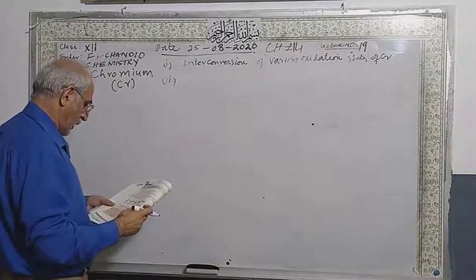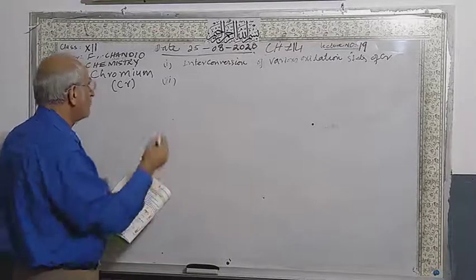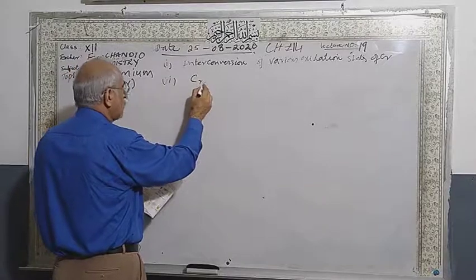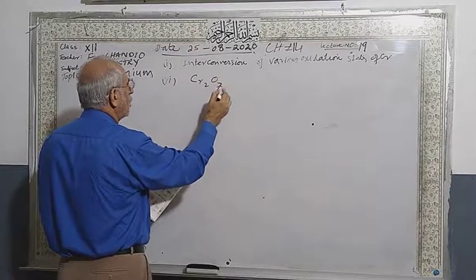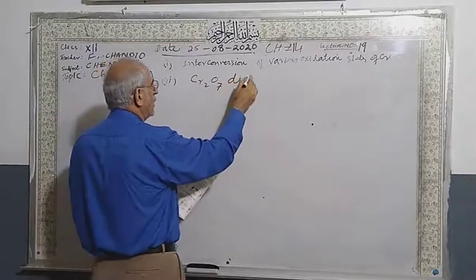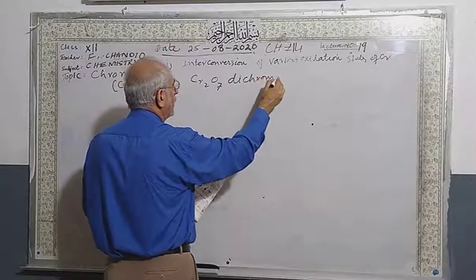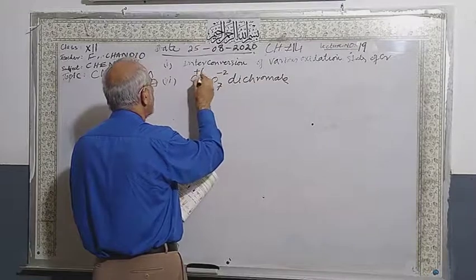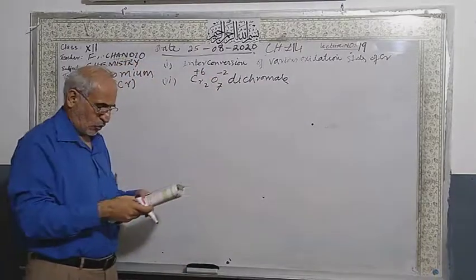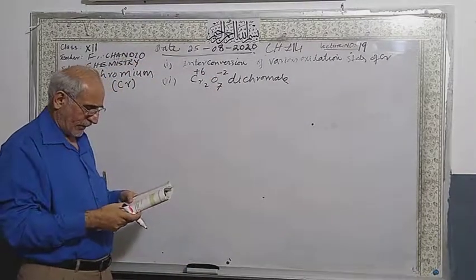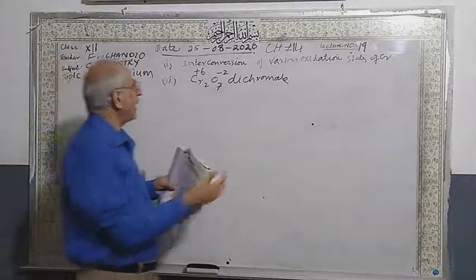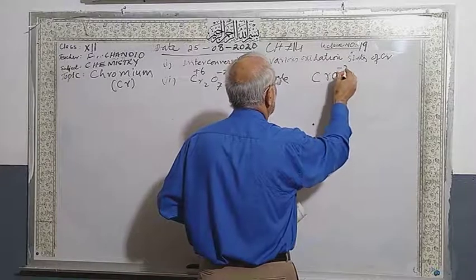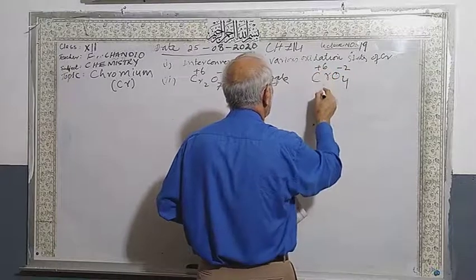Number two, chromate 6 and Cr2O7, we call the dichromate ion. Chromate 6, dichromate with charge negative 2. This is the dichromate, and there is another one, chromate.